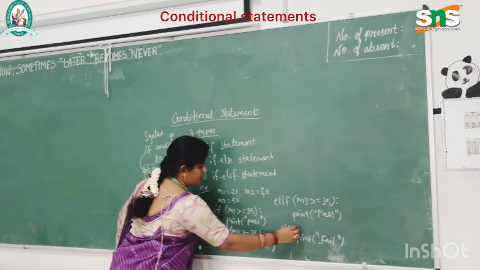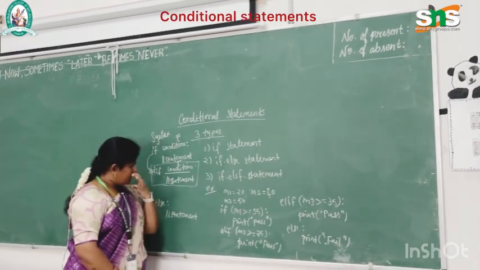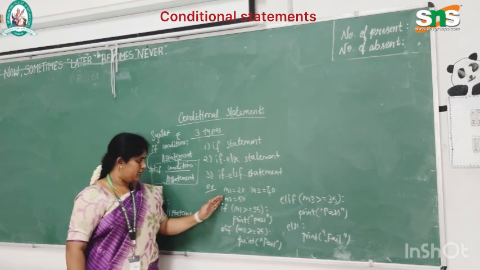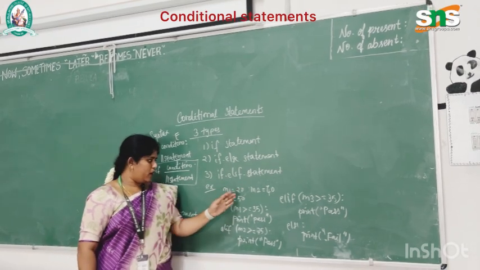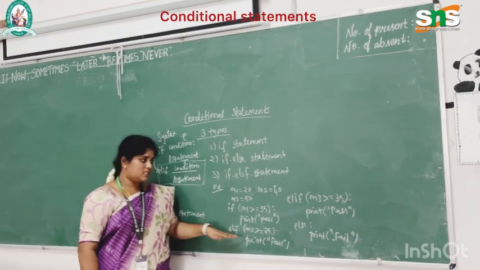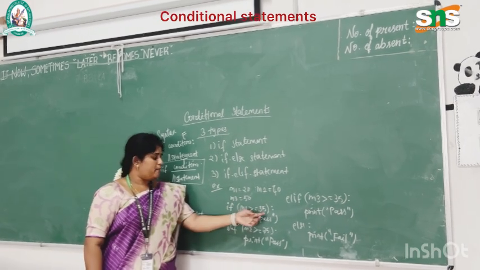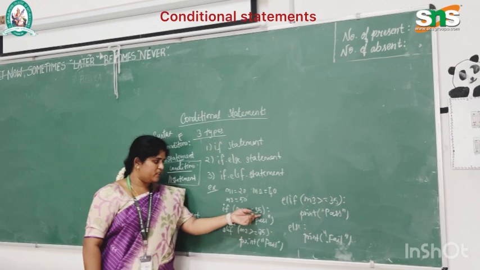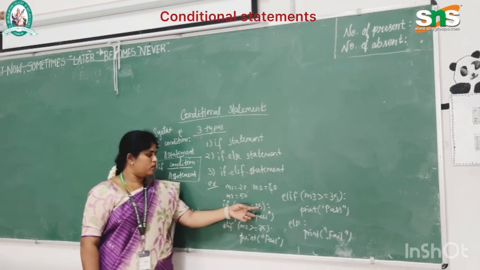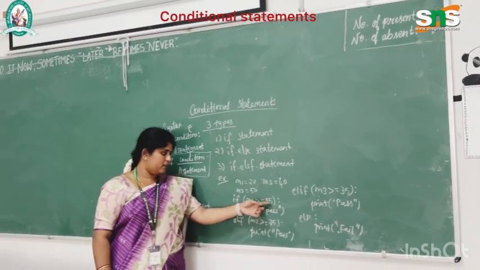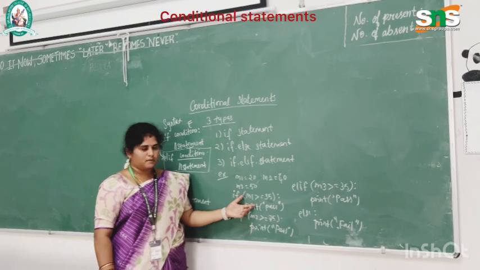So here I am checking each subject mark, M1, M2 and M3. I am checking whether he got the pass mark in all three or not. My minimum mark is 35. If the marks are equal to or greater than 35, then he will pass in that subject.